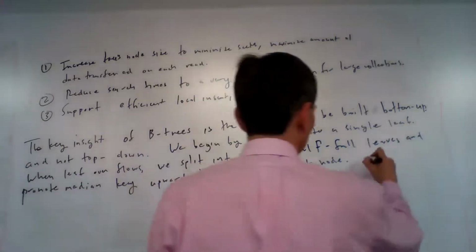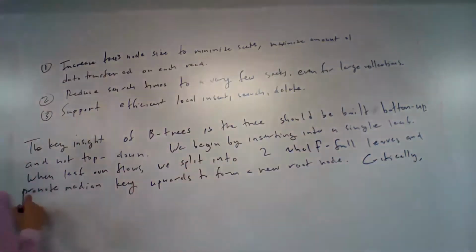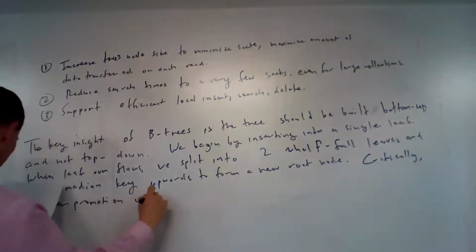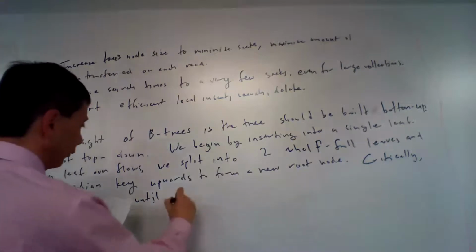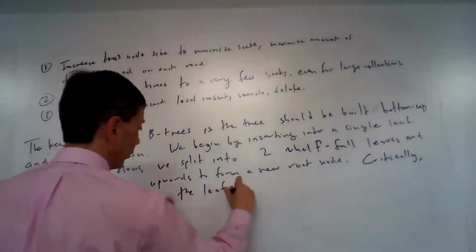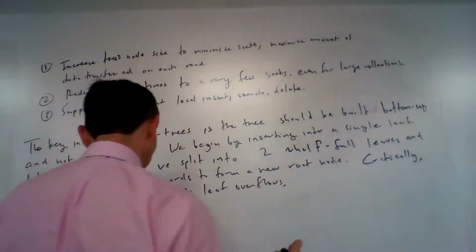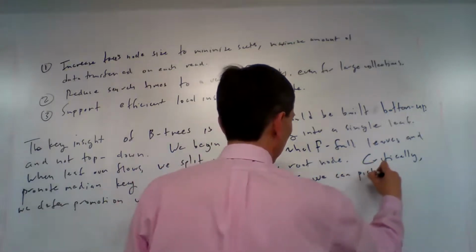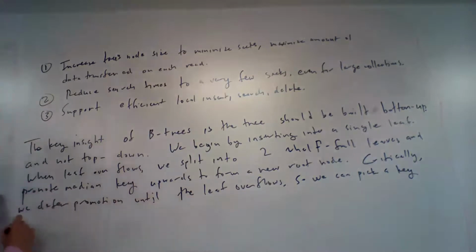Critically, we defer promotion until the leaf overflows. So we can pick a key that does the best job of partitioning the leaf.